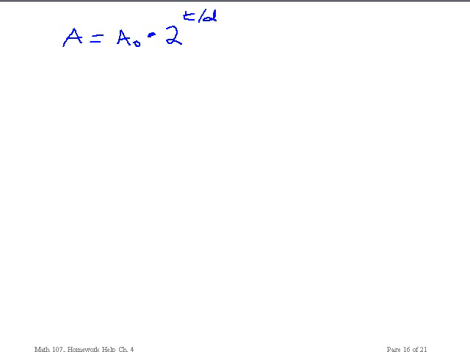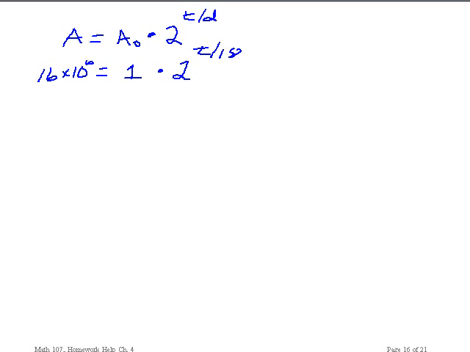I know that the amount of transistors was 1 when we initially looked at this problem at 56, and now it's 16 times 10 to the 6 is what you have. So we can solve either for t or d. Let's say we assume that the doubling time is 18 months, and let's see how many months it would take under that rule. So I've got the 18 over here. Okay, the one is now, of course, invisible essentially.